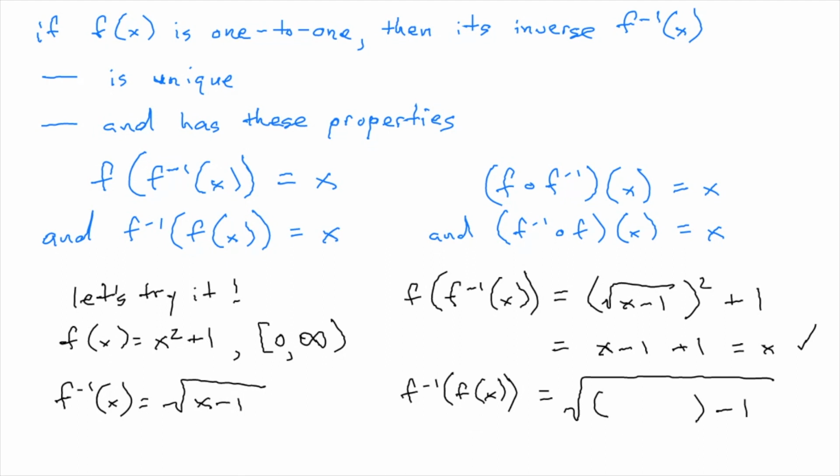So notice, setting these up is really, really nice. I don't have to use any brains. So square root of, well, don't I have to simplify that first? Yes, it's a PEMDAS rule. So x squared plus 1 minus 1, well, that's x squared. And what's the square root of x squared? It's x.